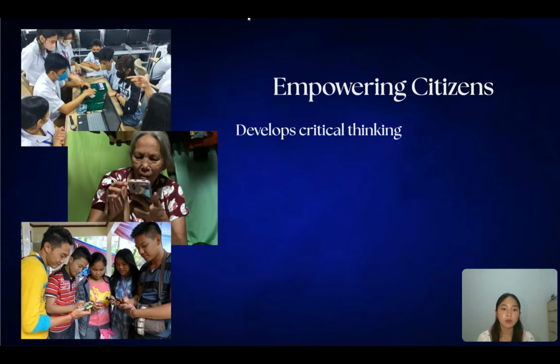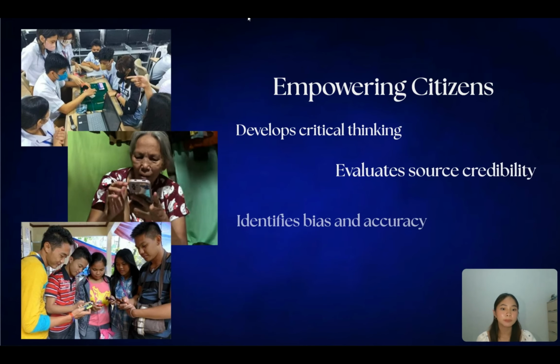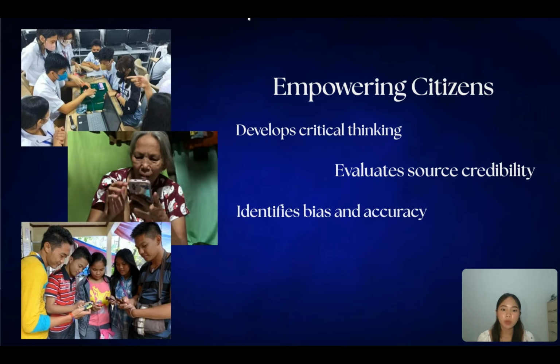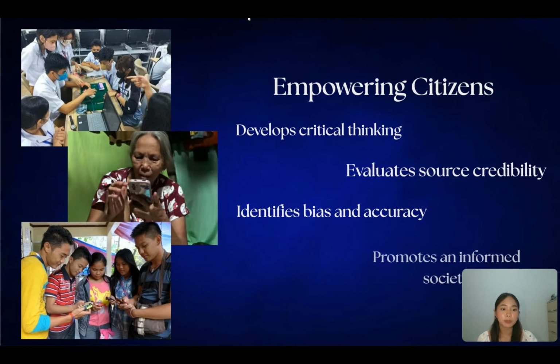Information literacy allows a person to evaluate source credibility and identify bias. They learn to ask, is this news accurate? Is it trying to manipulate me? Now, when citizens can distinguish truth from lies, we create an informed society where people make better choices for their health, their families, or their country.